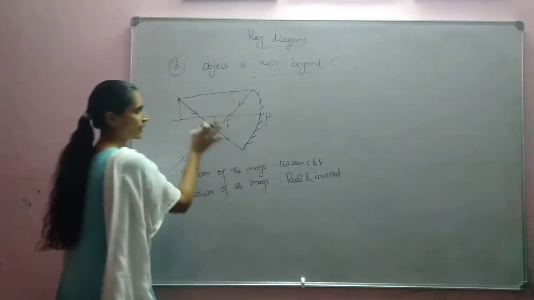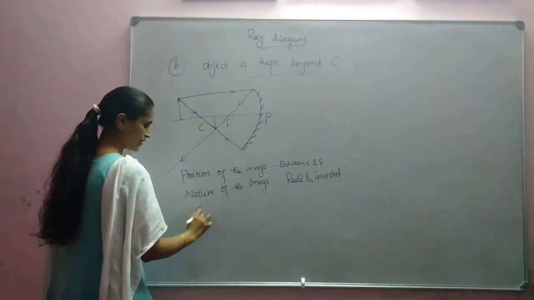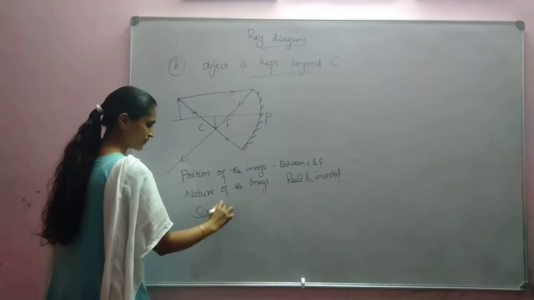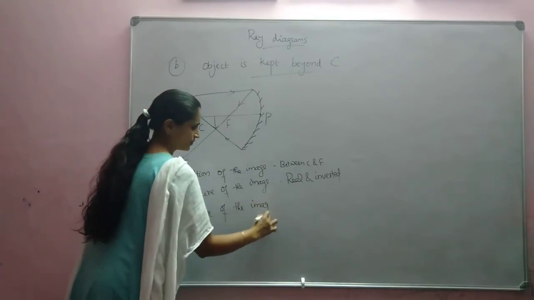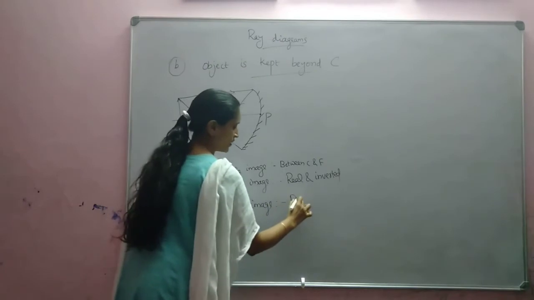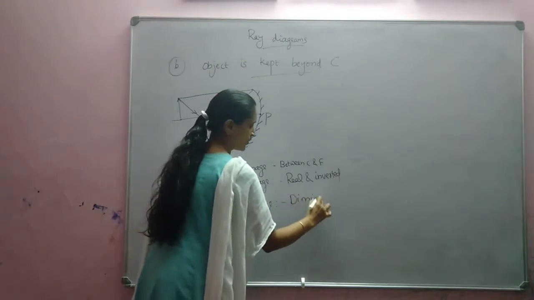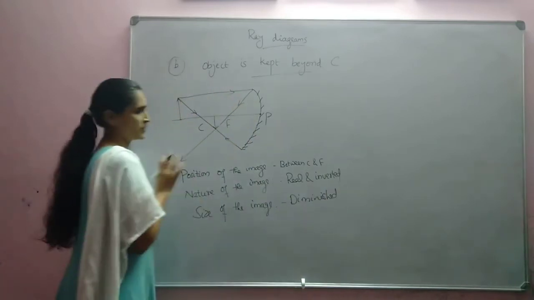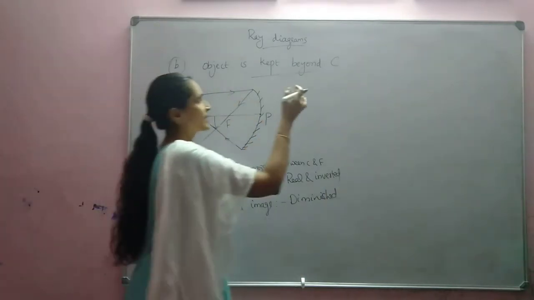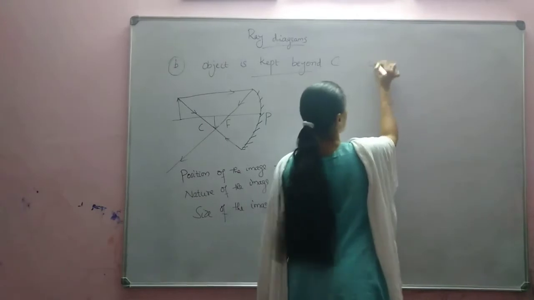All these are clear from the diagram. And size of the image: diminished, or smaller than the object. Okay.